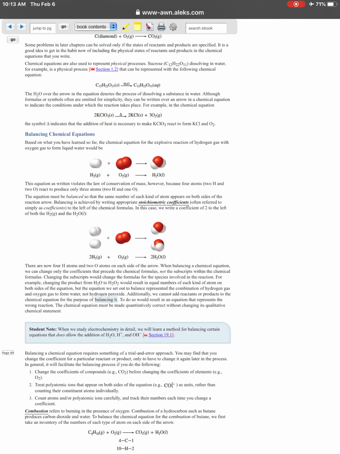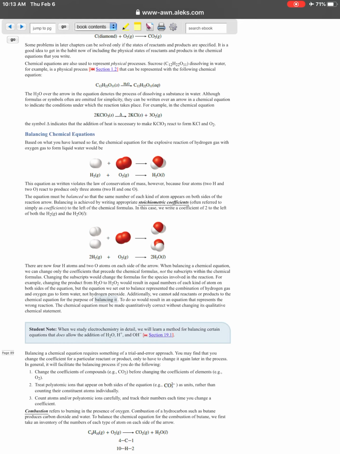So to ensure that we have 2 oxygens on the right side, we have to have 2 waters. And to ensure now that we have 4 hydrogens on the left side, we have to have 2 hydrogens. We'll go through the inspection on this in a moment, but the point is, if we have O2 and we can't change that into O, then the O2 is going to get converted into 2 waters.